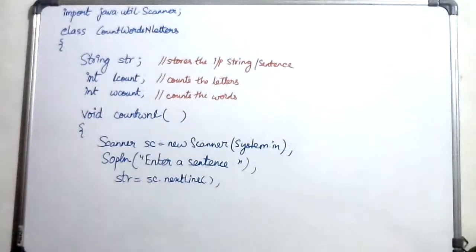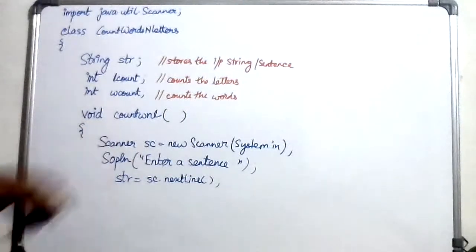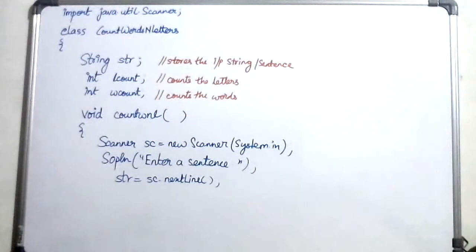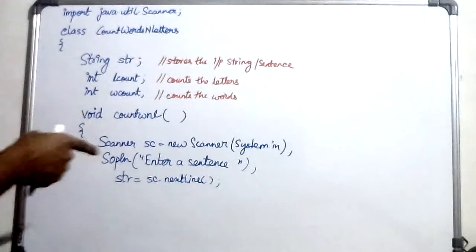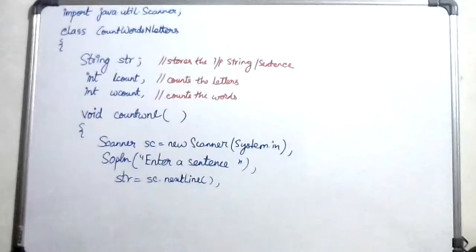But when we have to take input for sentences that is more than one word, we have to use the function nextLine, because the next function terminates on a white space or when you press enter. So it will stop taking input after you press the space bar. But in sentences we have white spaces. Therefore we'll be using the function nextLine, which can take inputs even if you press the white space but terminates on pressing enter.